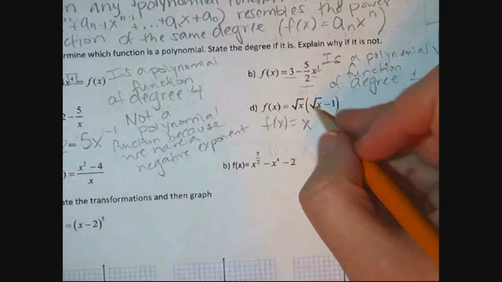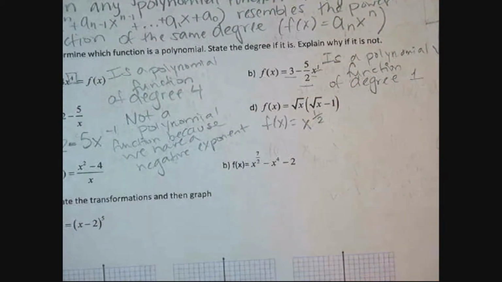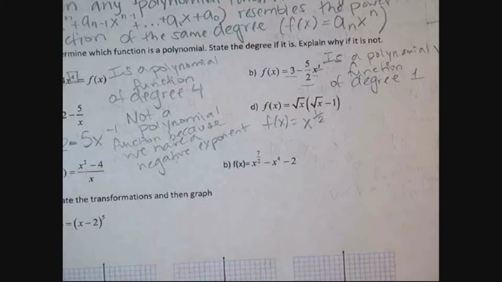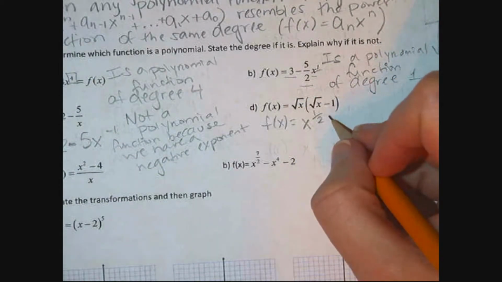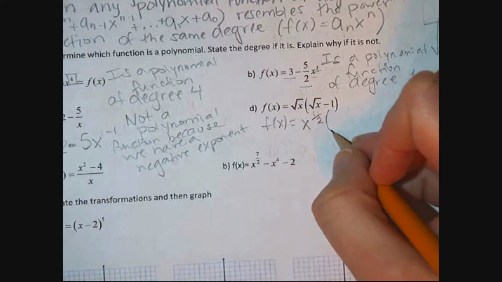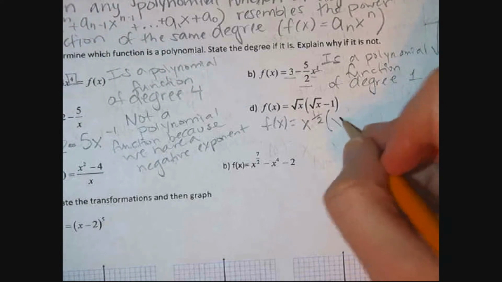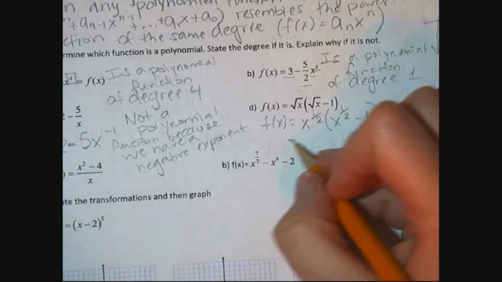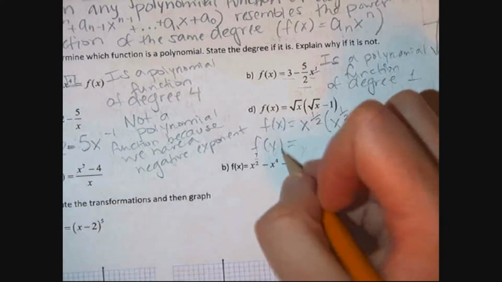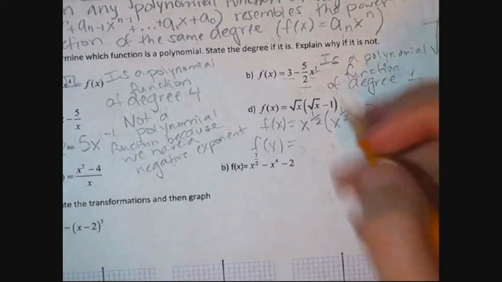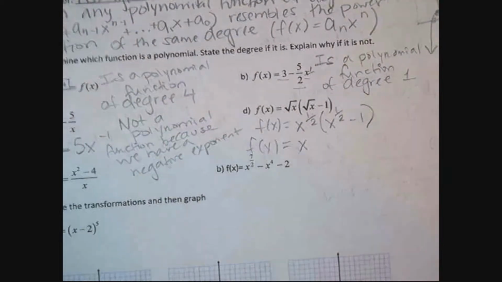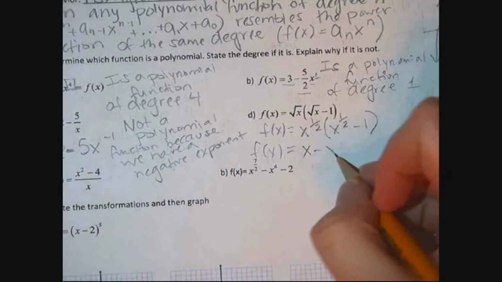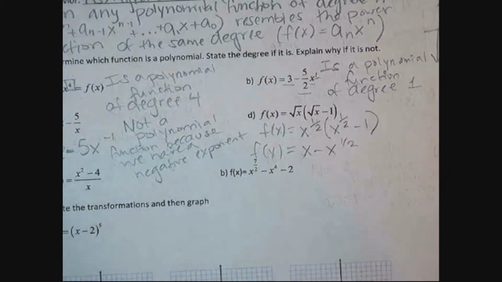The square root of x is the same as x to the 1/2, 2 being the root in the square root, so it goes on the denominator. So we can write those square roots as 1/2 exponents. We would end up having x to the 1/2 times x to the 1/2 minus 1. We can multiply these out to condense our function even more, and we would end up having x to the first, when we add those exponents, minus x to the 1/2.